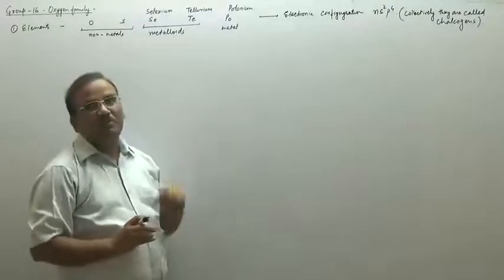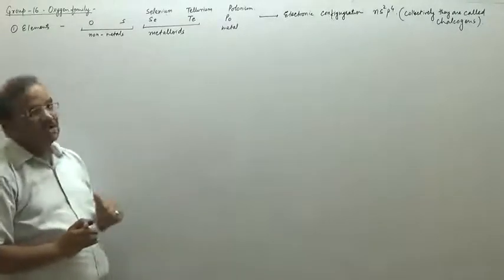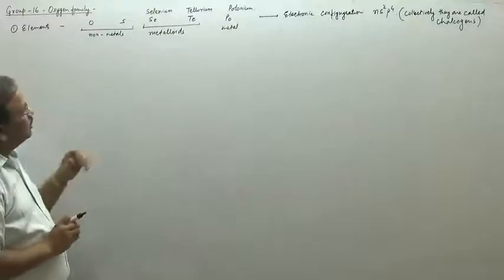The ores in which these are present are called chalcogenides. So the oxide ores, the sulfide or sulfate ores, are called chalcogenides. So we say that they are called chalcogens.